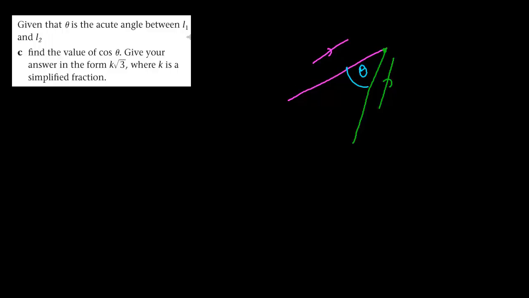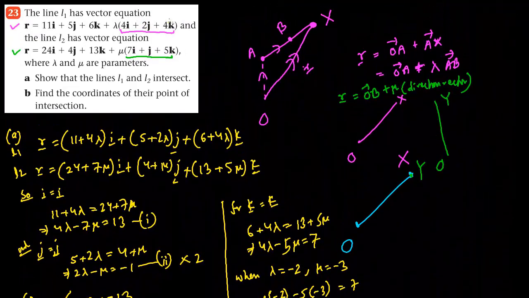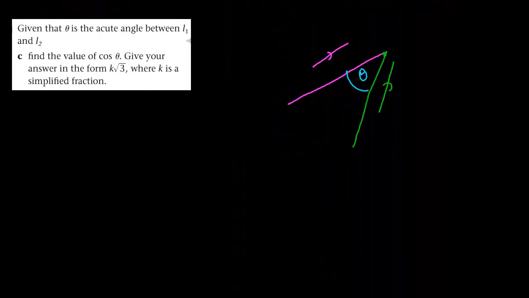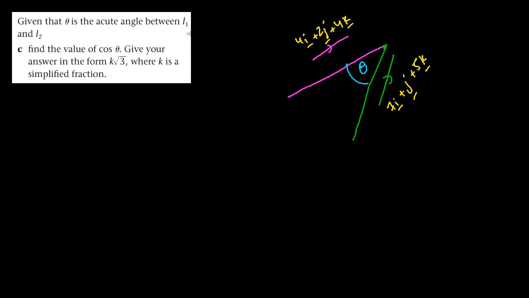So these are the direction vectors. So this is the direction vector for L1, 4i plus 2j plus 4k. So this is the rule for finding the angle between two vectors. cos theta equals direction vector 1 dot direction vector 2 divided by modulus of direction vector 1 multiplied by modulus of direction vector 2.